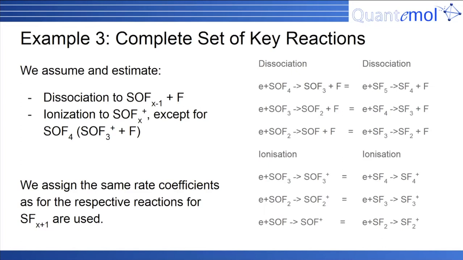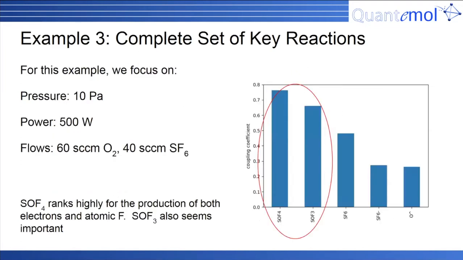Then we did a small parameter variation with the set and ran our species ranking scheme, which we also use in our reduction approach, to see if any of these SOF species actually contribute significantly to the production of electrons and atomic F. And we found some process conditions where SOF4 and SOF3 rank highest. So in this set, SOF4 and SOF3 contribute most to the production of both electrons and atomic F, which means, of course, that if we use only estimated cross sections, we introduce a large error into our simulation.